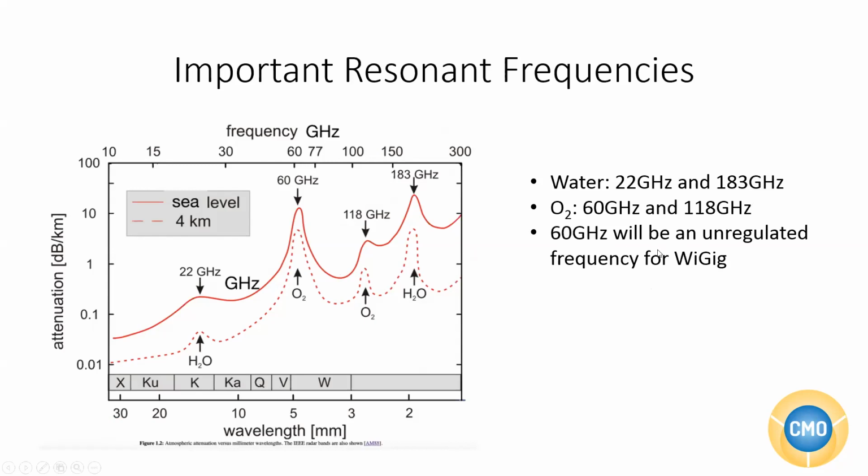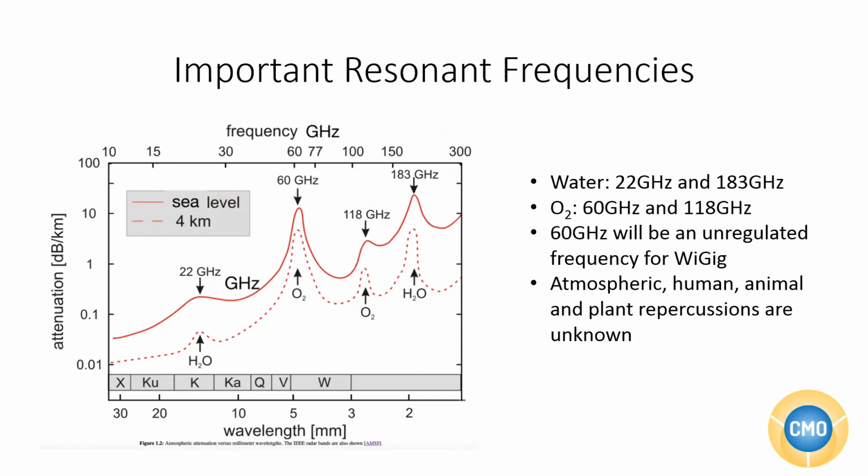Unfortunately, 60 gigahertz is going to be the unregulated frequency for WiGig, and this is also going to be used within our routers, within the house. We have got no idea. Obviously, oxygen is very important for life. It's in the atmosphere, and it's important for us, animals and plants.